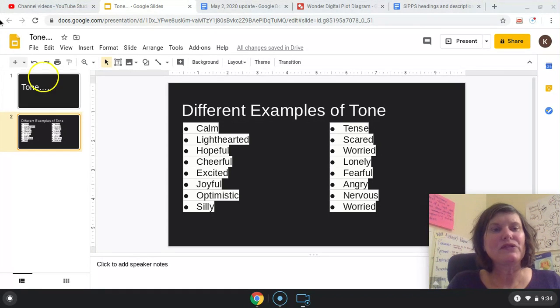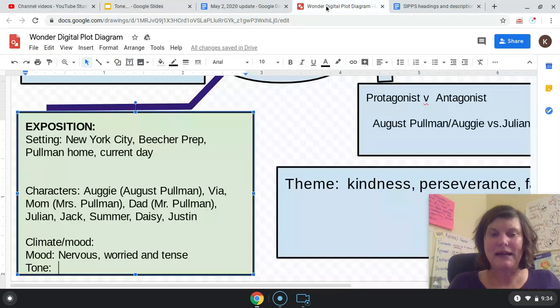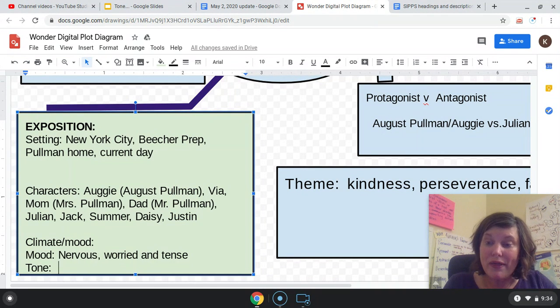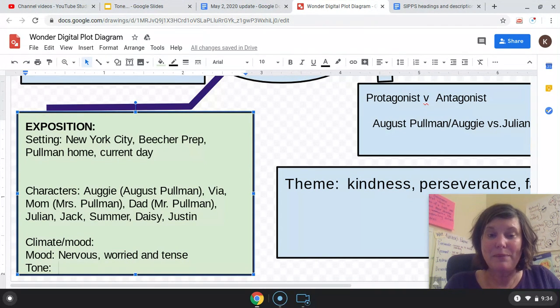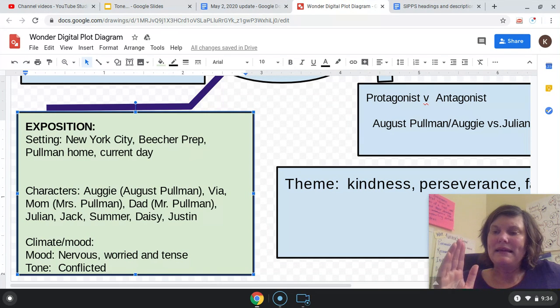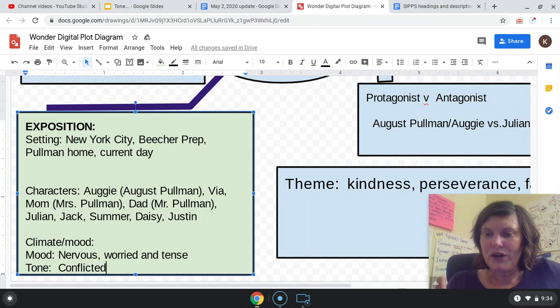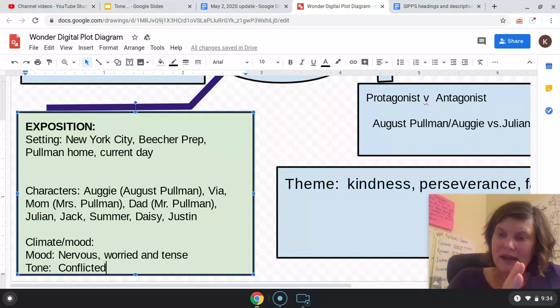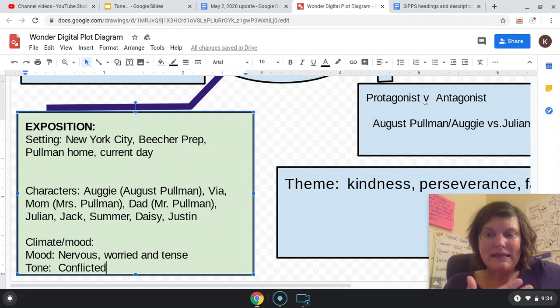So let's go back to our plot diagram, and I'm going to say the tone, which is how the author feels about what's happening, is conflicted. And what that means is they aren't sure that Augie should go to private school or not. They can see all sides of it.